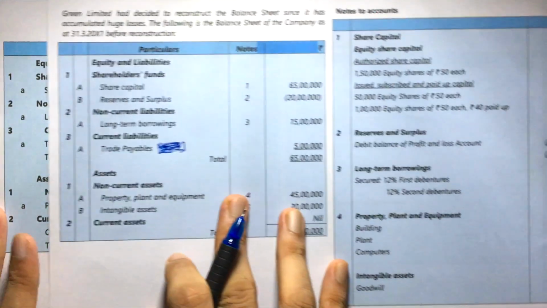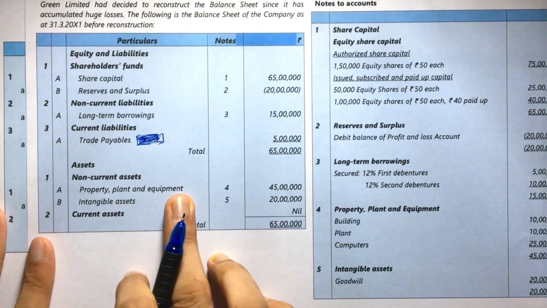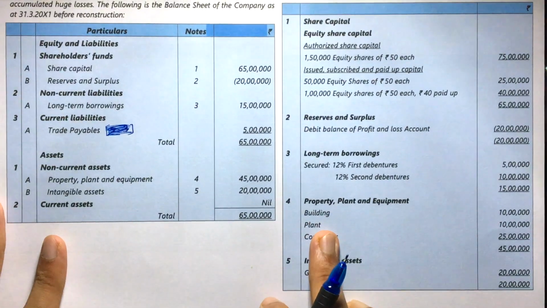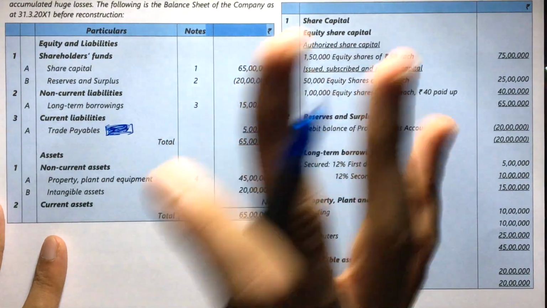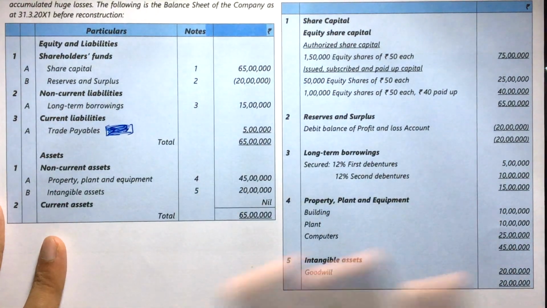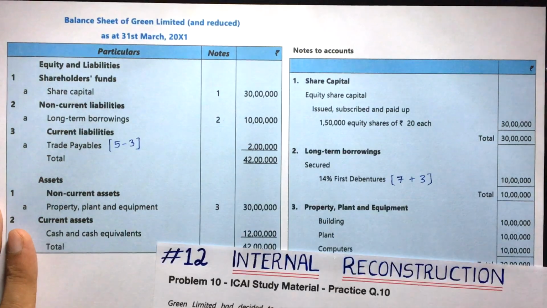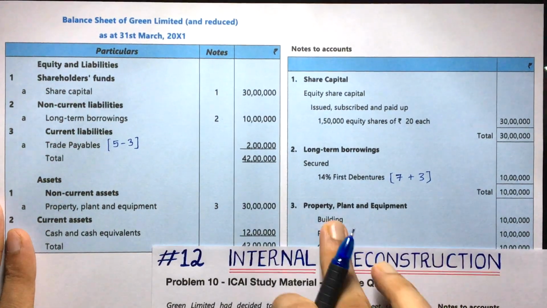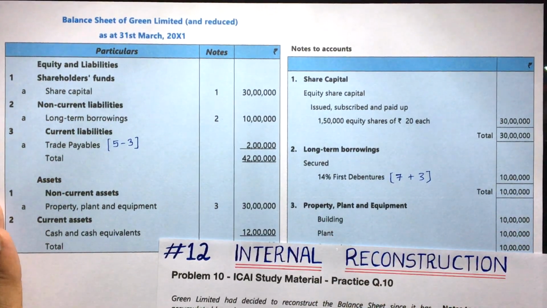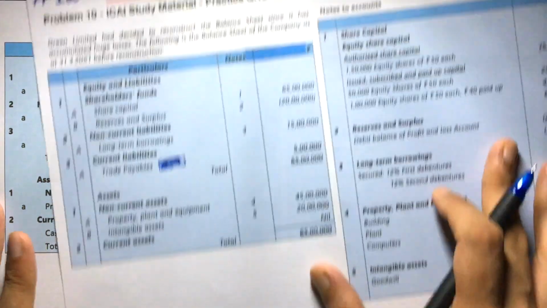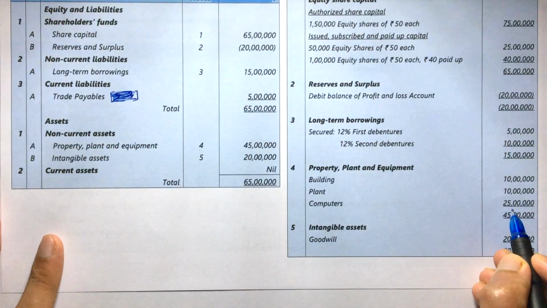Then if we see in the question, in the assets, we have PPE, property, plant and equipment, building and plant. Did we touch building and plant? No, 10 lakh as it is, it will come. See, property, plant and equipment, note number 3, building and plant, 10 lakh. No changes over there. Okay, understood. Then we have computers. What happened to computers? 25 lakh.